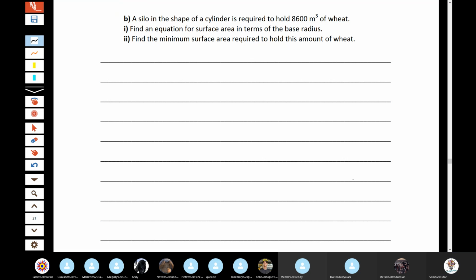Just think. What are the key words? I think cylinder.